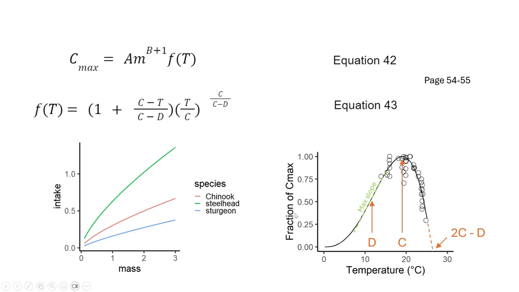Here we have C and D. C basically means where's the peak of the curve, and D basically says where's the maximum slope of the curve. This structure also means that the curve then intersects 0 at 2C minus D. So for the Cmax equation, the parameters that you're going to see in the input are A, B, C, D, and that's how they go into it.